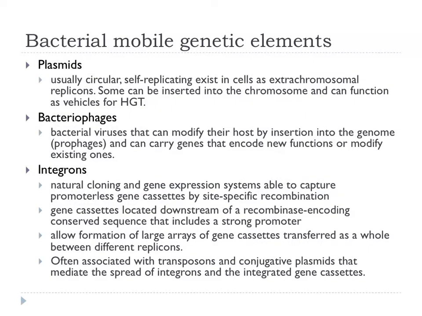Plasmids, we've spoken about before. These are usually circular replicons. Bacteriophages, bacterial viruses that can carry DNA from one cell to another. Another fairly sophisticated kind of mobile genetic element is the integron, where you have these cassettes of genes that can be shuffled in front of a promoter in various versatile ways, and you end up with these whole large cassettes of things moving across en masse between one replicon and another.